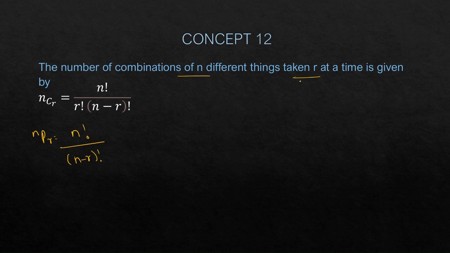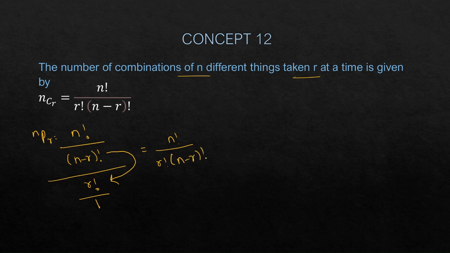But here we are dividing this formula by r factorial, and hence the denominator gets multiplied, and we get the formula n factorial divided by r factorial into n minus r factorial, which is the formula for combinations.